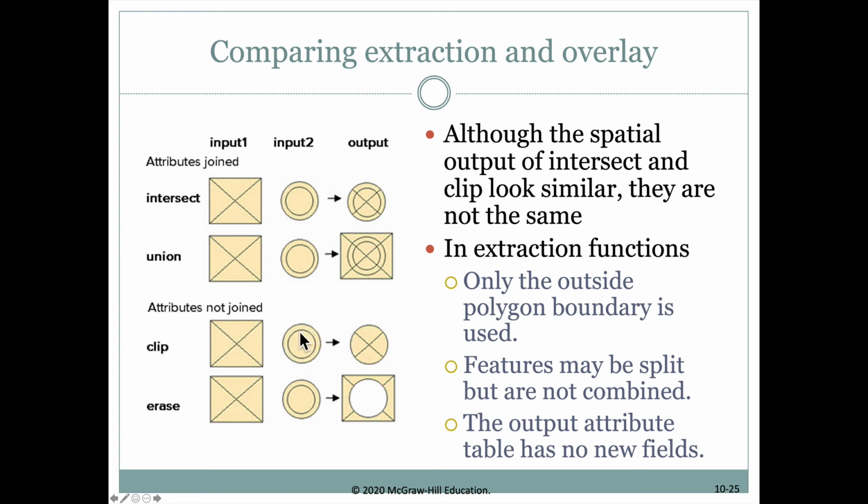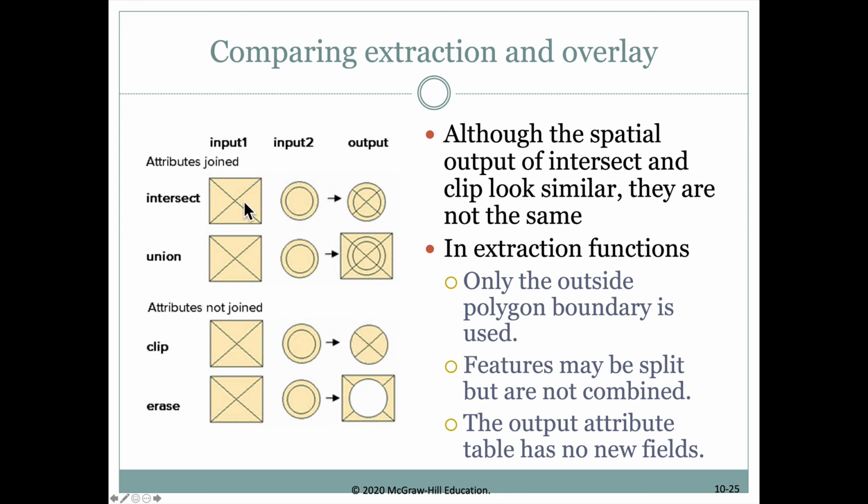We're disregarding this inside polygon, and we're just cookie cutting using this outside extent of this polygon in order to cut a piece out of this. And so we can see that we would not have these additional polygons here in this output, and we would not have the attributes associated with this second input saved in the output layer here.